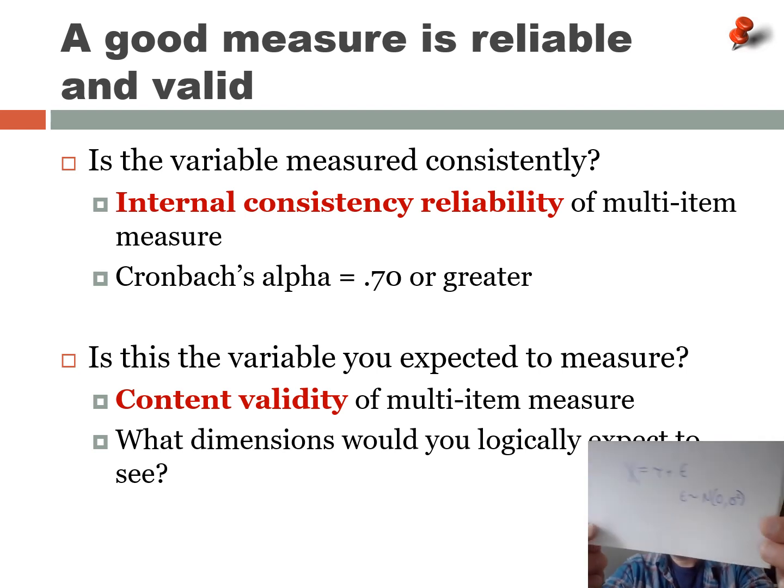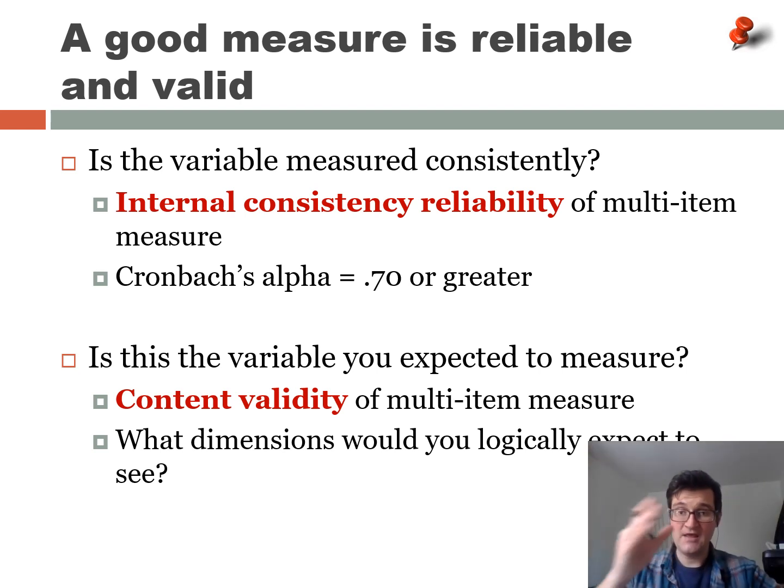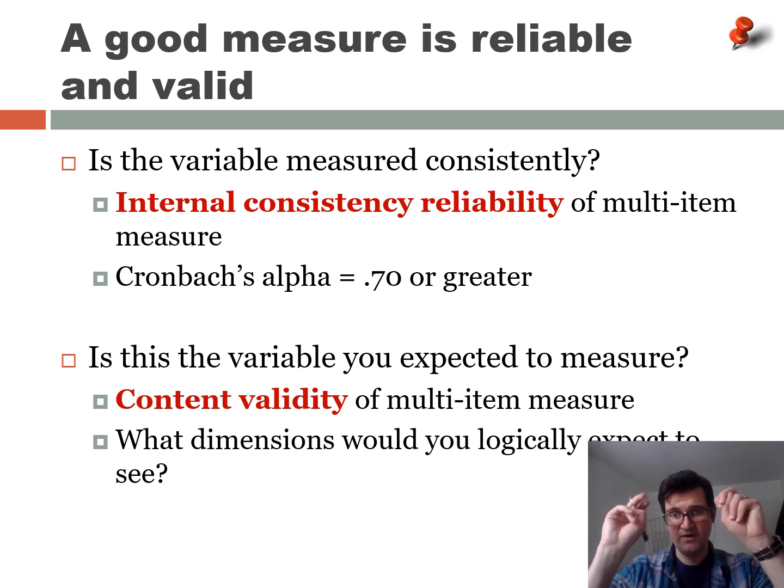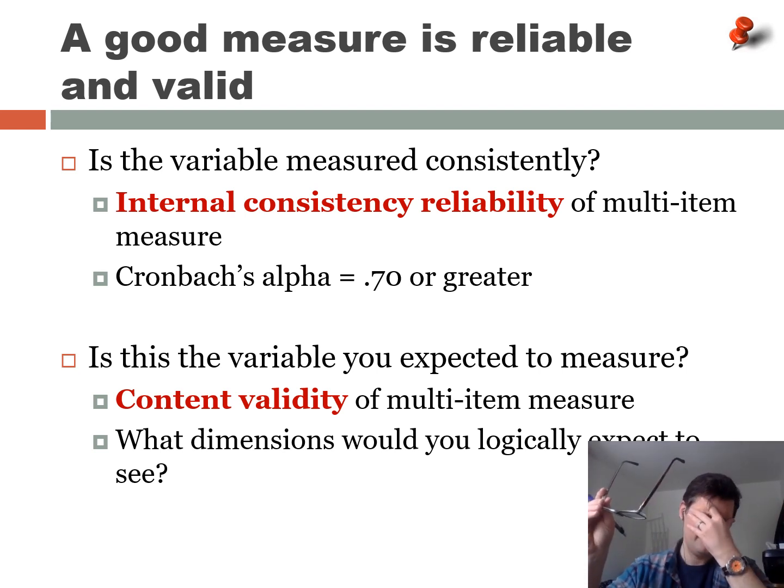So the basic idea here is a person's score on any item in a measure, whether this is a knowledge test, a cognitive ability test, personality, or any survey measure, is that they have an actual score on it. What we call a true score, which is kind of a bad name.